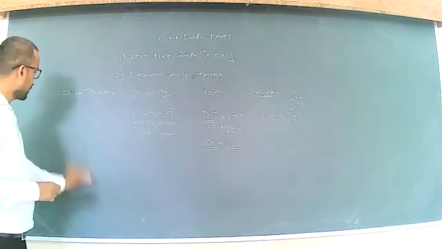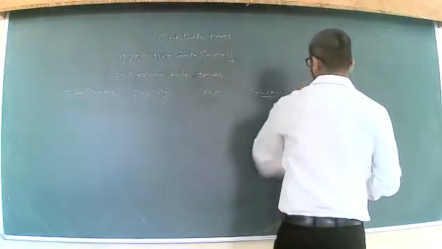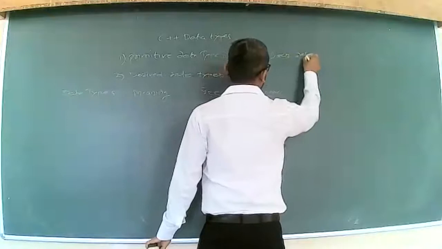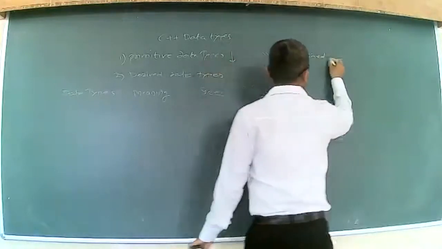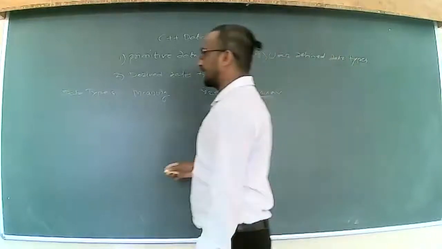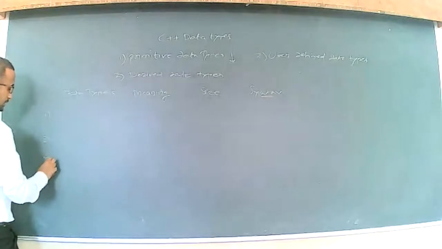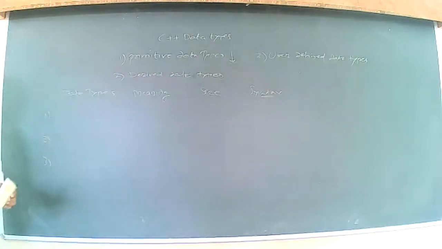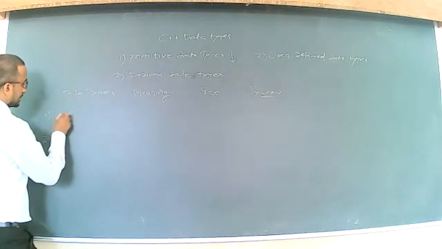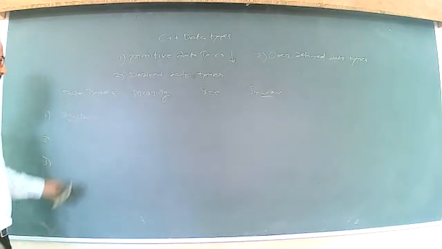Okay. The next, third one we are having is user defined data types. In that, again, we have two different types of data types, but the important one is the structure, right?